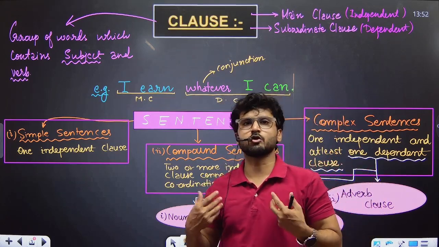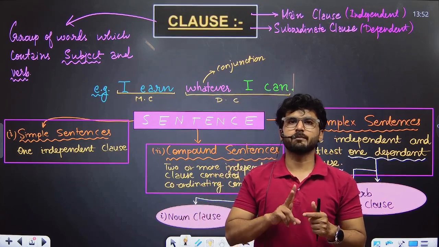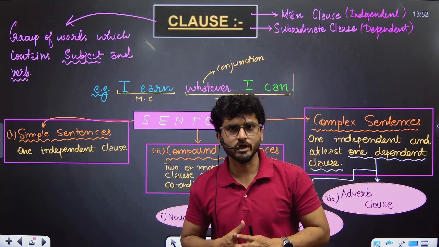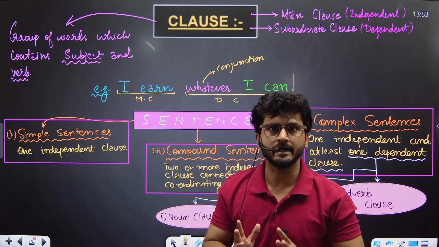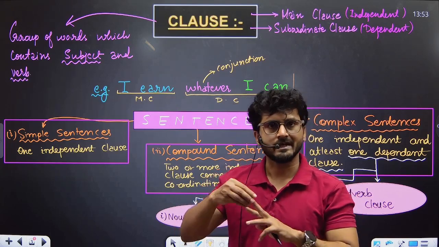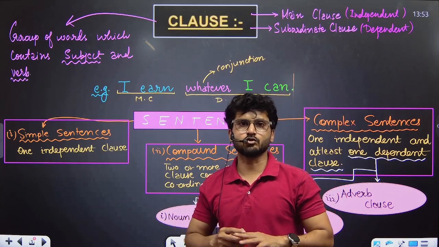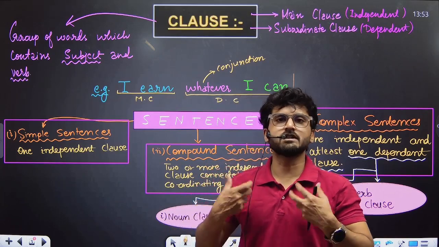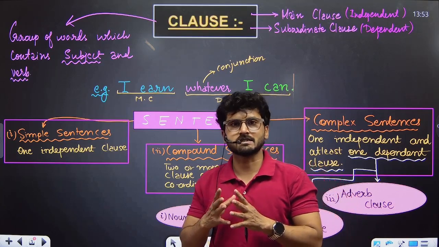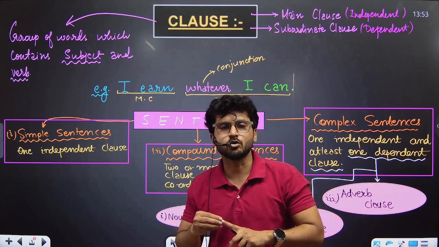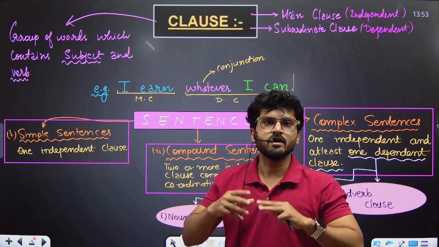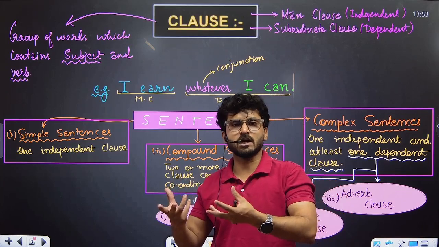Clauses were further categorized into two parts: main clause or independent clause, and subordinate clause or dependent clause. Those clauses which are dependent are further categorized as adverb clause, noun clause or adjective clause. A noun clause is a group of words which collectively work as a noun. Adverb clause modifies the verb, and adjective clause provides more information about the noun or the pronoun.